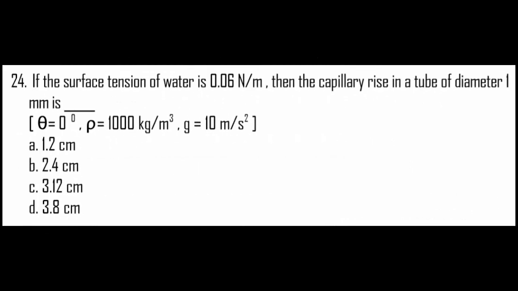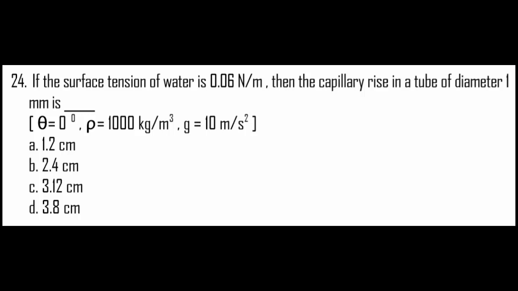Question number 24. If the surface tension of water is 0.06 Newton per meter, then the capillary rise in the tube of diameter 1 millimeter is. Angle of contact theta is given as 0 degrees. Density is 1000 kilogram per meter cube. And acceleration due to gravity is 10 meter per second square.